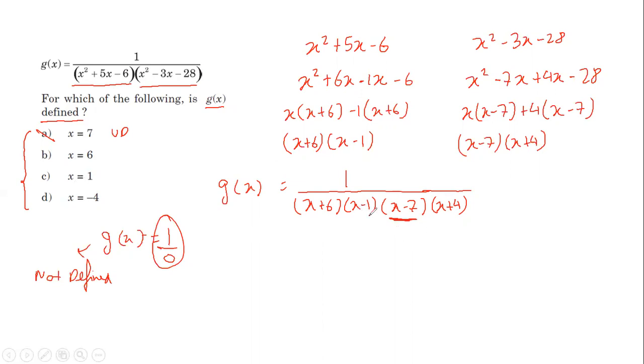If I put 1, 1 minus 1 will become 0 and the entire product will become 0, and hence here also the function will be undefined. Similarly, if I put negative 4, negative 4 plus 4 will again become 0. The entire product will become 0 and hence this will also be undefined. So as I can clearly see, if I put x as 6, the denominator won't be 0 and the function will be defined.